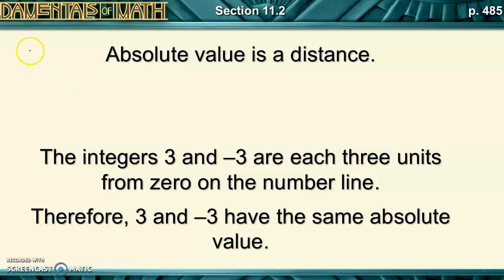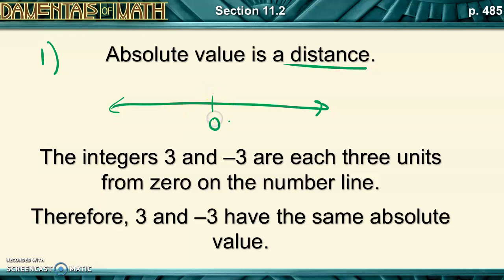This is way number one. Absolute value is a distance. Absolutely true. If I draw a quick little number line and put 0 right in the middle, and put the integers 1, 2, and 3, and -1, -2, and -3 on this number line, the integers 3 and -3 are each 3 units from 0.